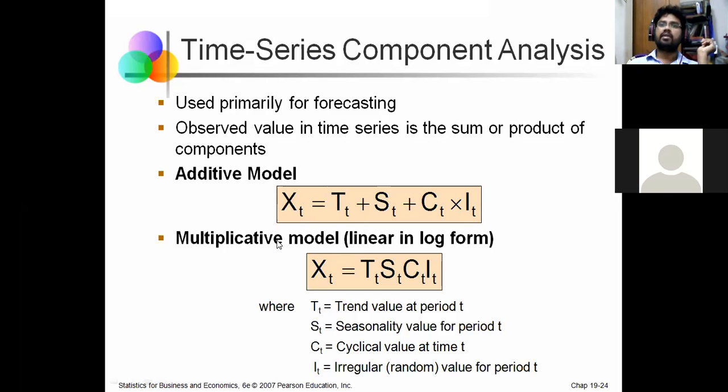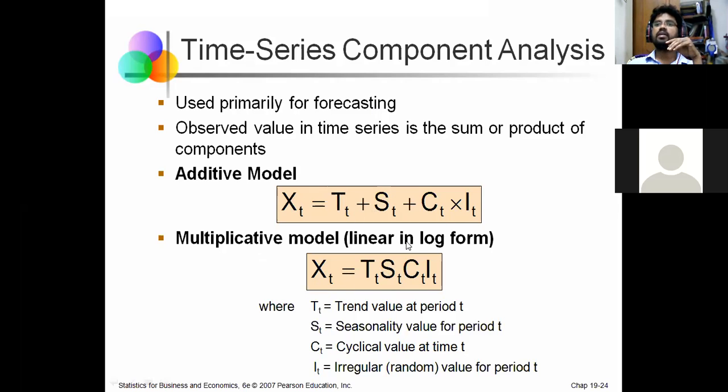And the multiplicative model is nothing but when you multiply all the variations together. So here, Xt, the particular variable at time t, is equal to the secular trend or trend variation into seasonal trend into cyclical trend into irregular trend or random trend. When you multiply all these trends, that is called the multiplicative model.